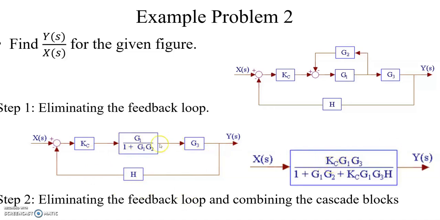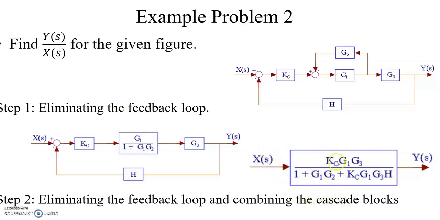So KC G1 G3 divided by 1 plus G1 G2, along with H as the feedback element. You can assume this as G, so it is G by 1 plus GH.